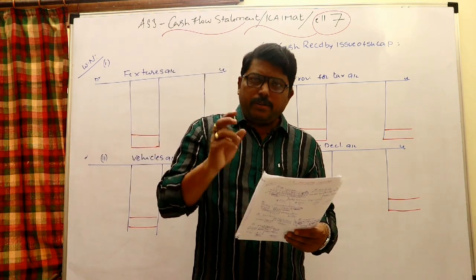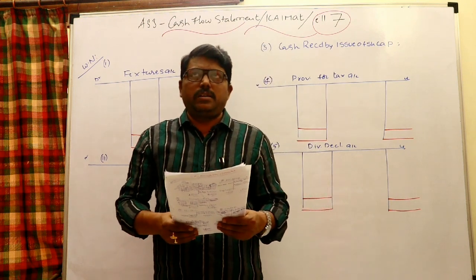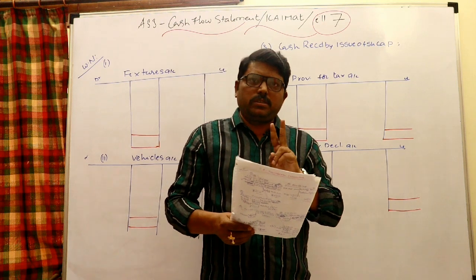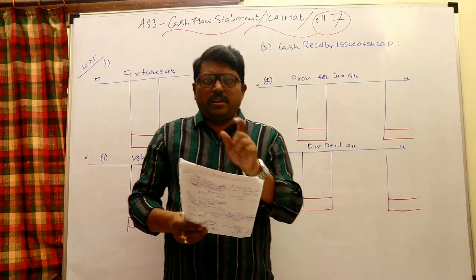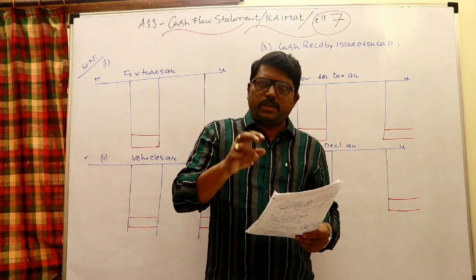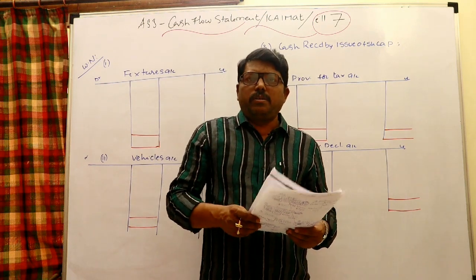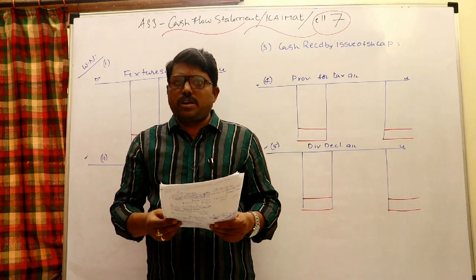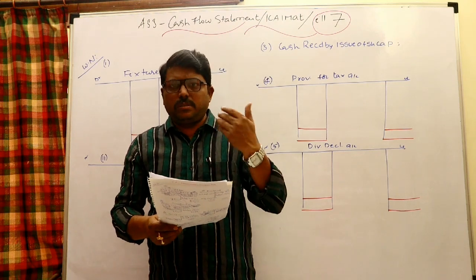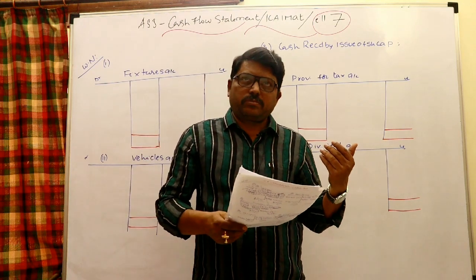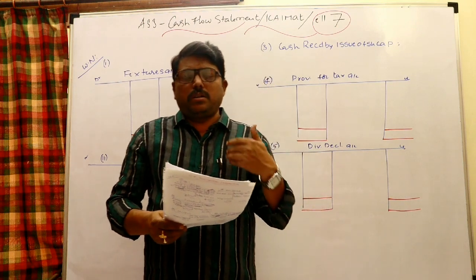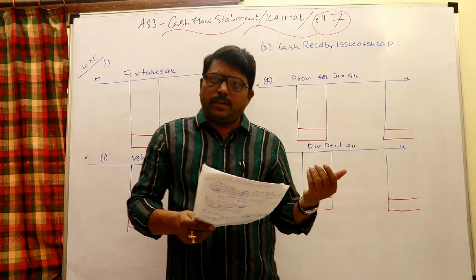Even dividend payable is a very important point. As far as dividend is concerned, we have to discuss two aspects: proposed dividend and declared dividend. What is a proposed dividend? Dividend is normally proposed by the board of directors and declared by the shareholders. Earlier, proposed dividend was part of the liability side once the board proposed it.